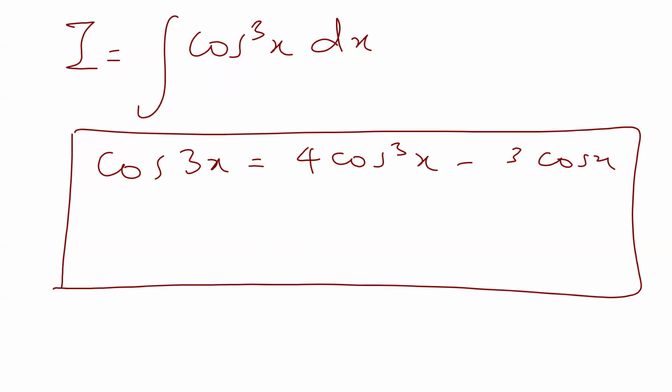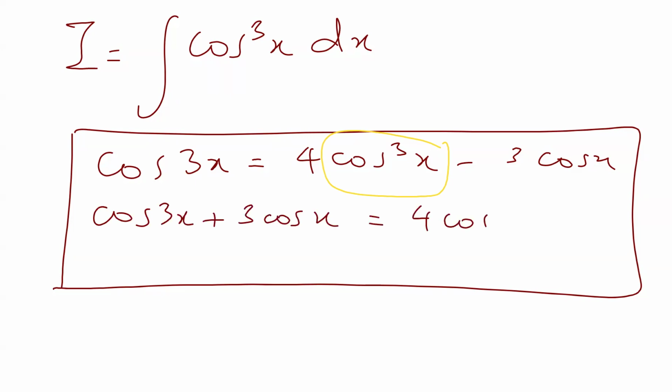So now we'll find out the value of cos cube x. This time I'll just send this minus 3 cos x to the other side. So cos 3x plus 3 cos x is equal to 4 cos cube x. So we got 4 cos cube x. Now one method is to multiply and divide by 4, which I've done.